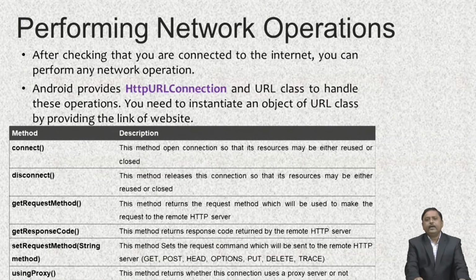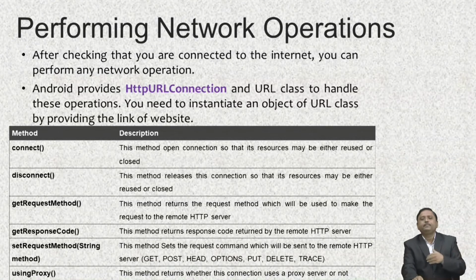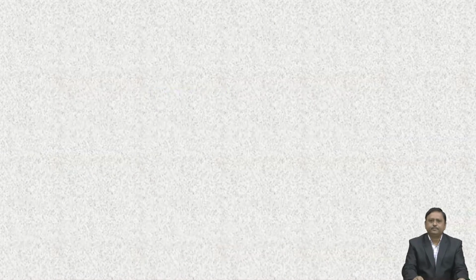And finally, we have a method called uses proxy, which returns whether this connection uses a proxy server or not. So these are the methods of the HttpURLConnection class that you can use to perform various kinds of network connections like connect, disconnect, knowing and setting the request method, and whether we are using a proxy or not.